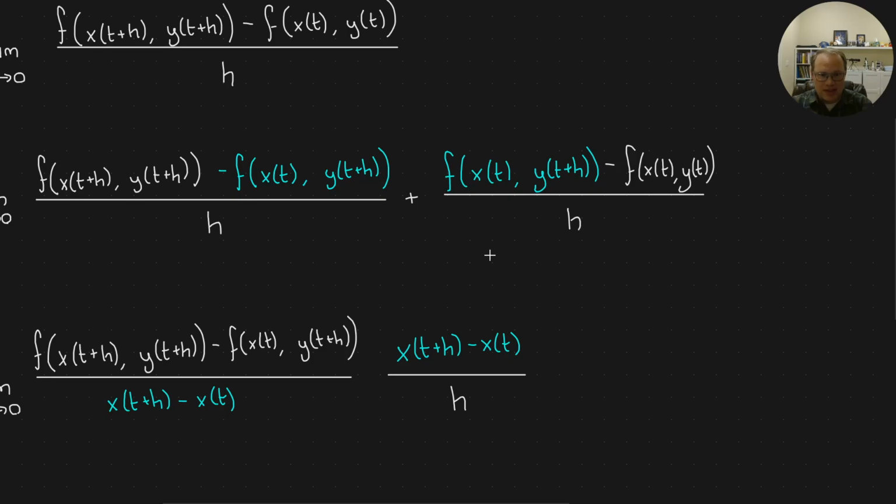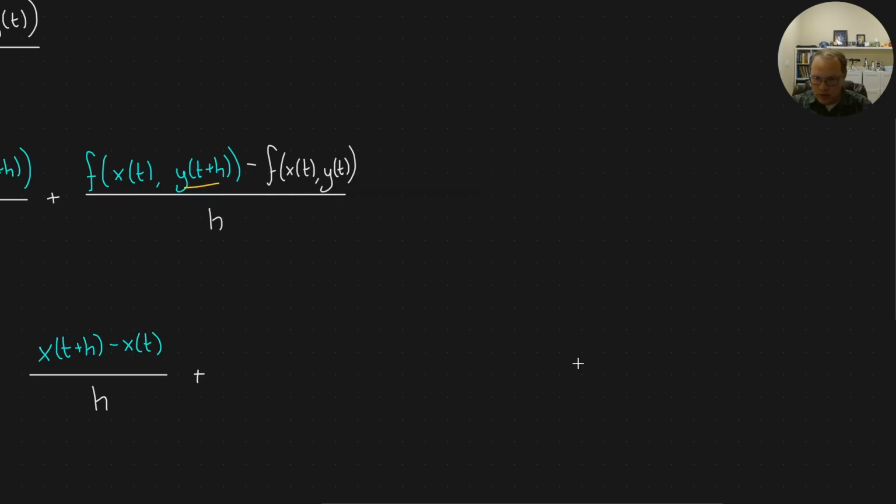And then I want to do the exact same thing over here, but just with the y's. All right, so let me scooch on over. I get f of x of t, comma y of t plus h, minus f of x of t, y of t. So I haven't changed the numerator at all.